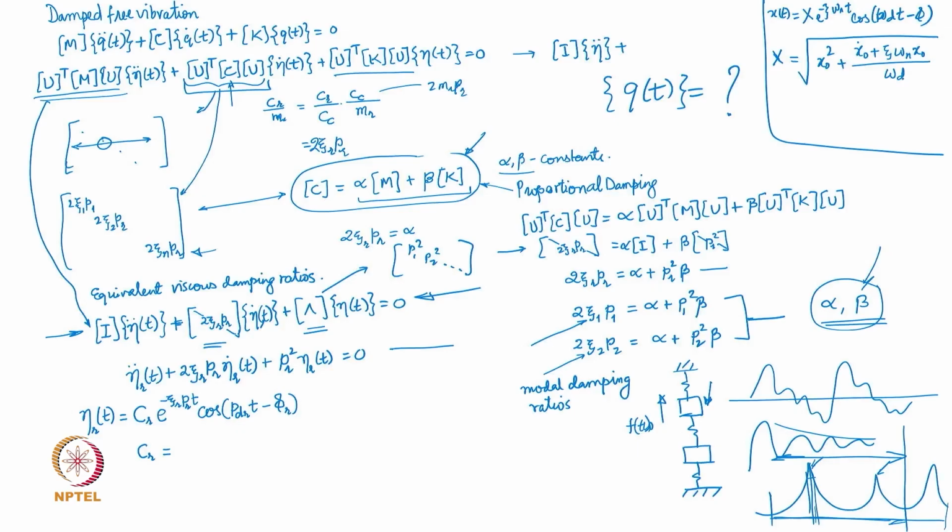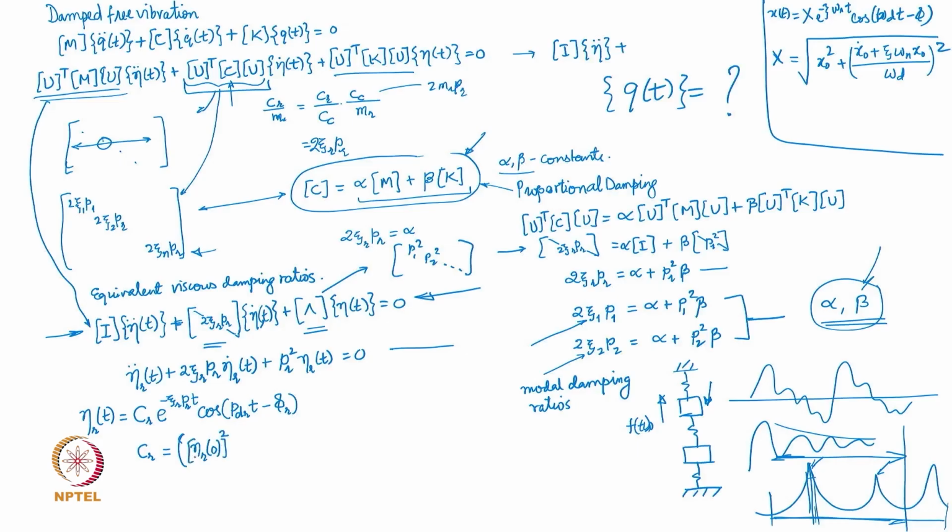You may not recollect because this is quite a longish expression as such. So, one way is to use this equation here, writing this as eta r naught square.